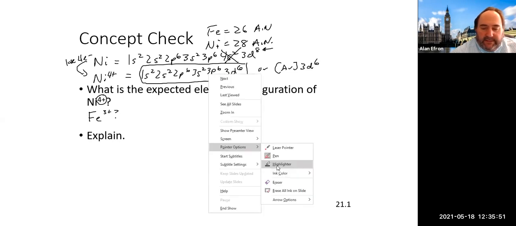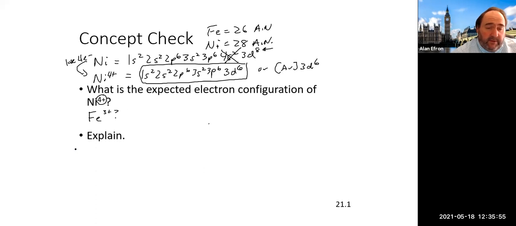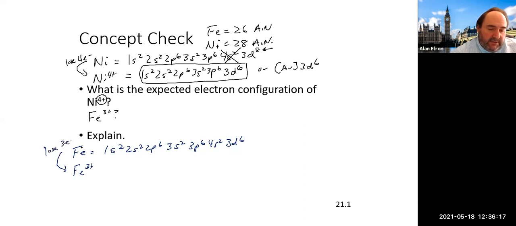And if we do the same thing for iron, starting with iron with no charge, we get 1s2, 2s2, 2p6, 3s2, 3p6, 4s2, and 3d6. Iron with a +3 charge means that it lost 3 electrons.